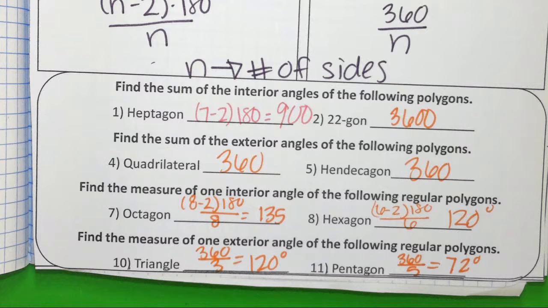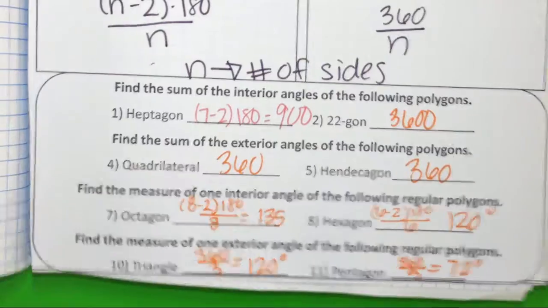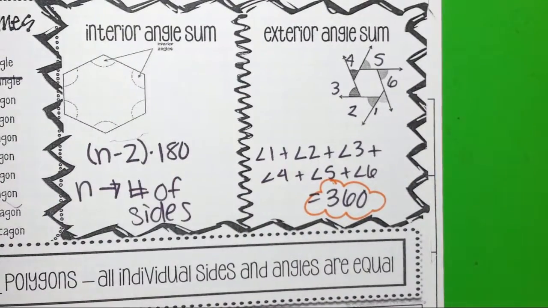Yes. So, like, on number 4 and number 5, if I just find the sum of the exterior angles, can we just put 360? Yeah. This is always 360. Do we want to make a note that says it's always 360 up here? All right, so let's put it's always 360 up here.